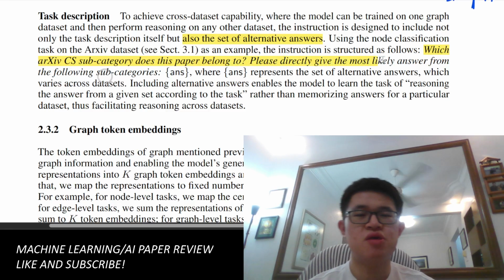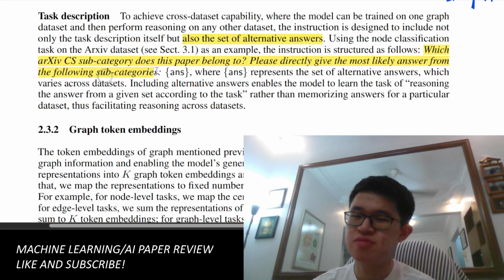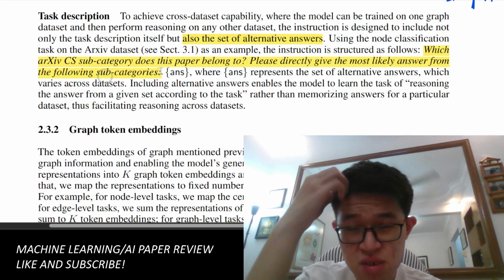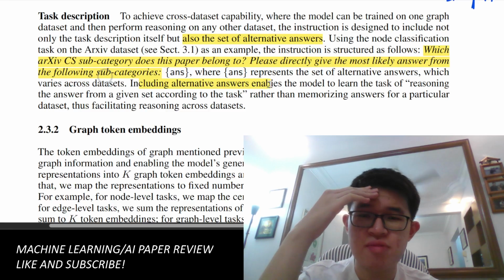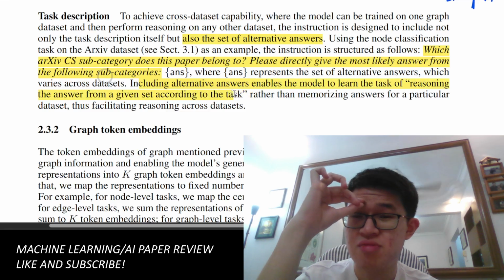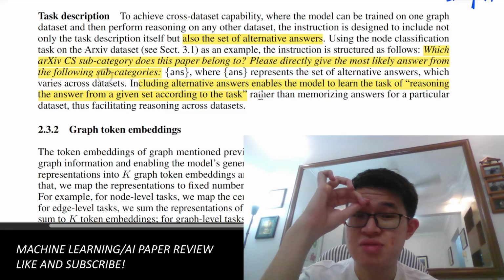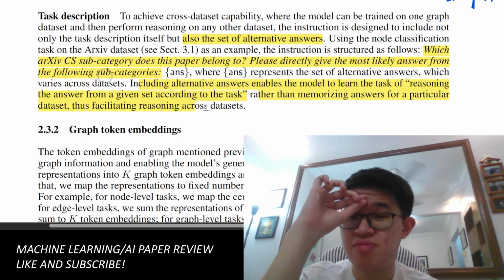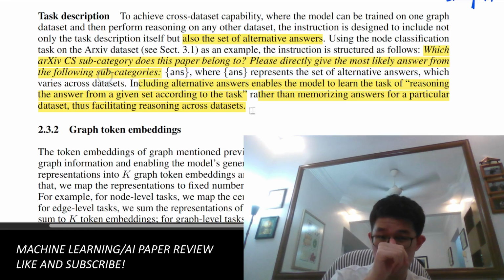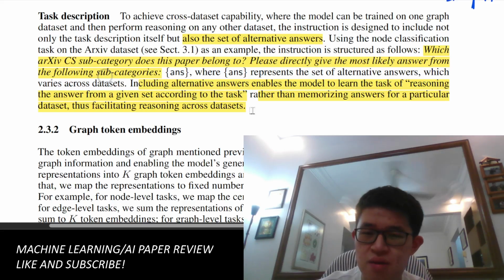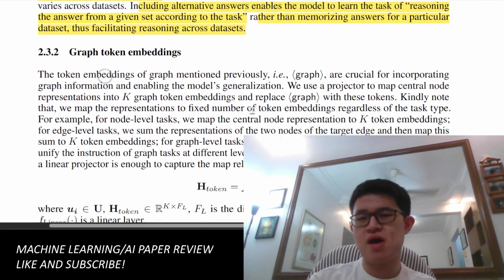Please directly give me the most likely answer from these following subcategories. Including alternative answers enables the model to learn the task of reasoning the answer from a given set according to the task, rather than memorizing answers for a particular dataset, facilitating reasoning across datasets.